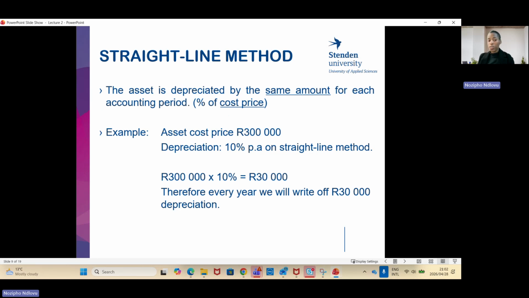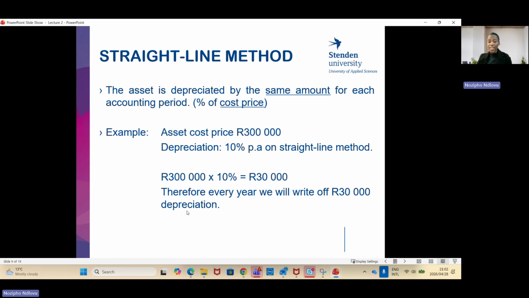Okay, let me repeat that. You have an asset that you bought for 300,000, and then they say it depreciates at 10% per annum on a straight line method, calculate the depreciation. Then the depreciation will be the 300,000 multiplied by 10%, which gives you 30,000. It means that each and every year, this particular asset will depreciate by 30,000.